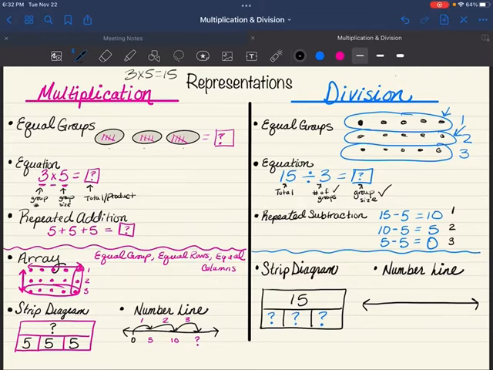But let's go ahead and go through it. So in this case, we know that we are starting with 15. And then I'm going to repeatedly subtract 5 until I run out of cupcakes.